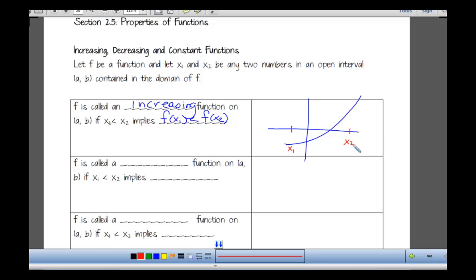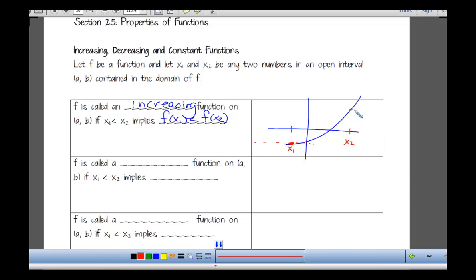Okay, and we can see that f of x1, which is right here, is less than f of x2. Okay, and so we say that the function is increasing, and we can see that on this interval as we move from left to right, we have an increasing function. Okay, on that interval.